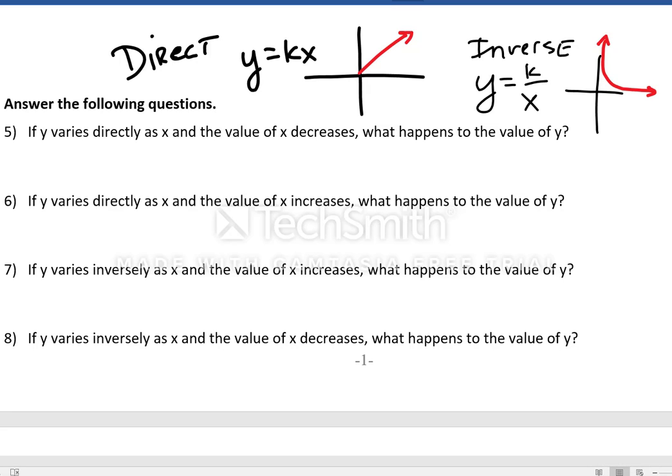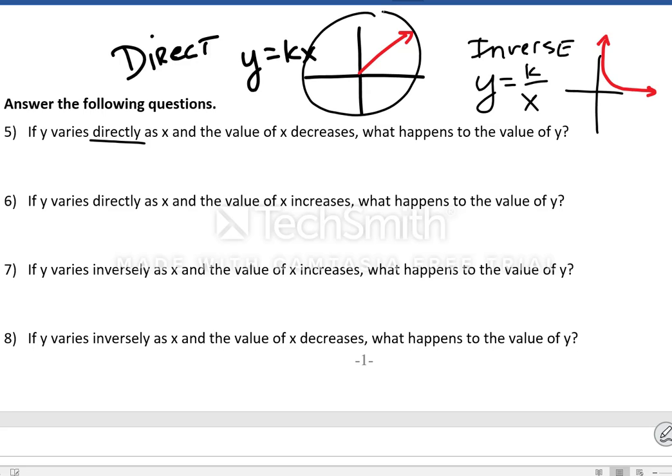Okay? So if y varies directly, well, guess what? I'm using this graph because it's a direct graph. If it varies directly as x, and then the value of x decreases, so that means x is going down, what happens to the value of y?